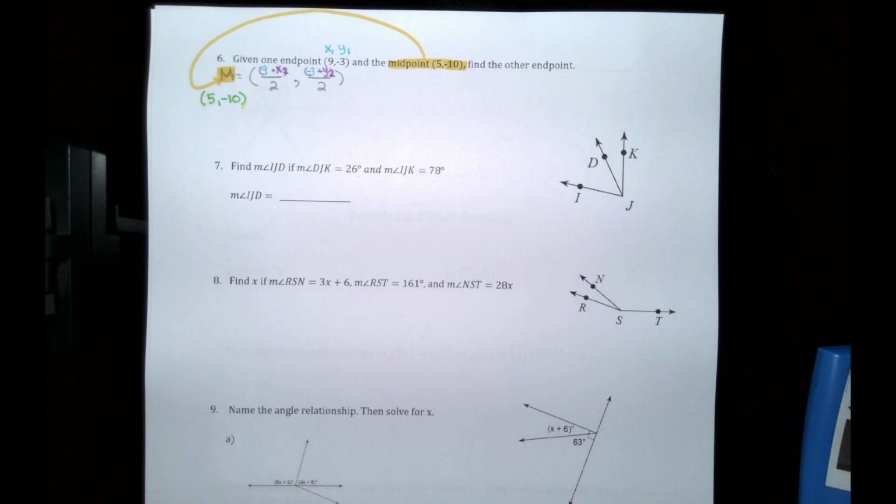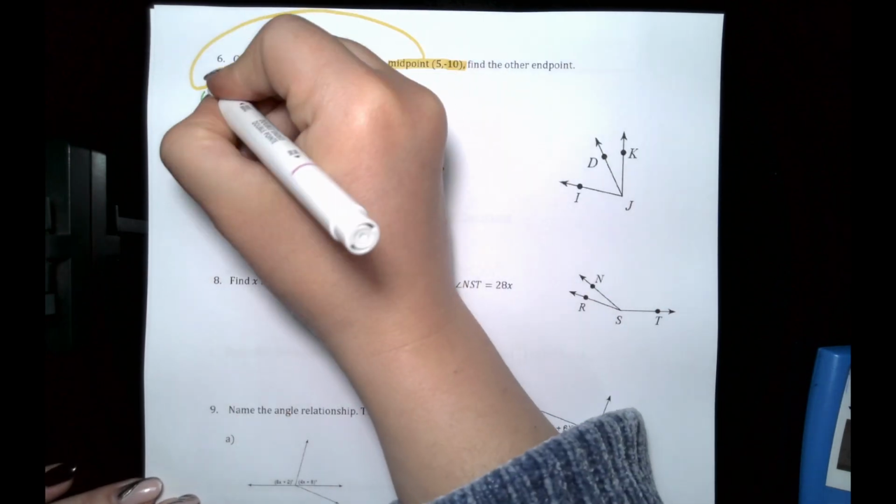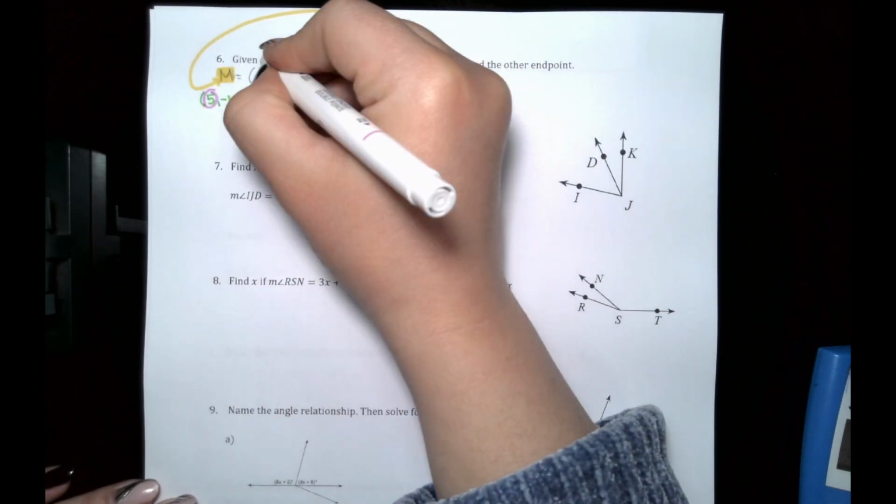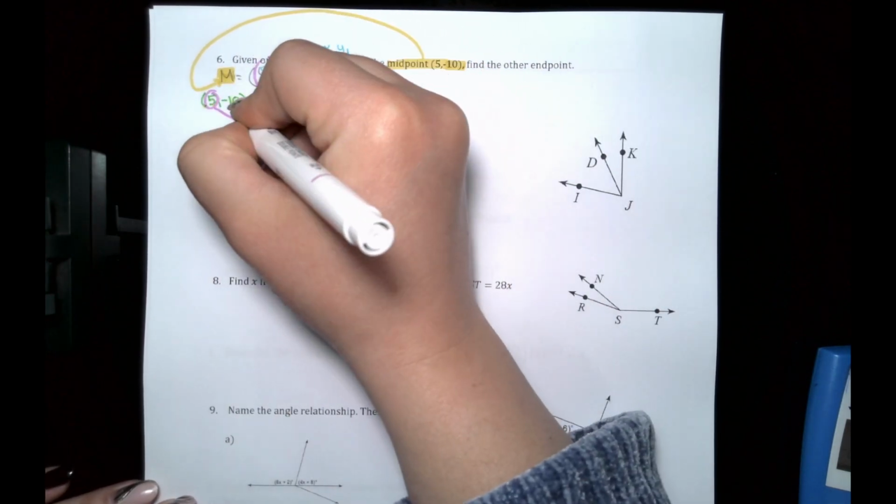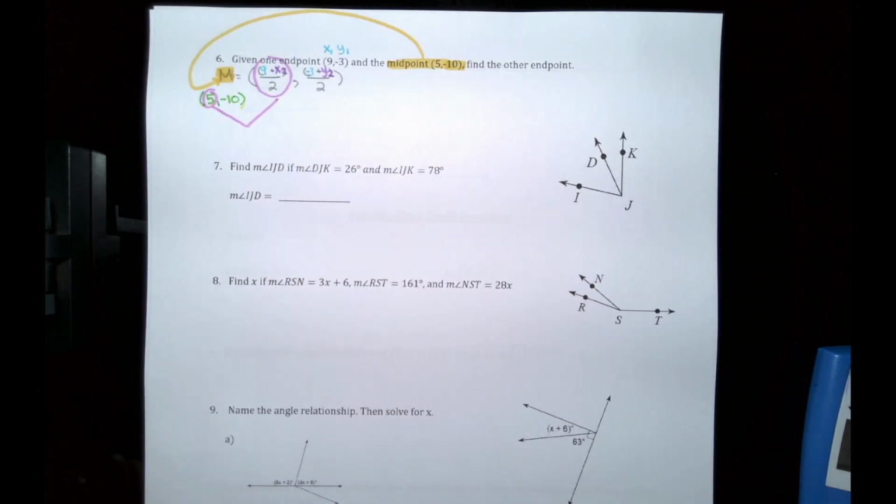And what you're going to do is set two equations based off of the midpoint. So in the first section, you are going to take the first number, 5, and the first fraction, and set them as an equation. I'll show you what that looks like here in just a few moments.